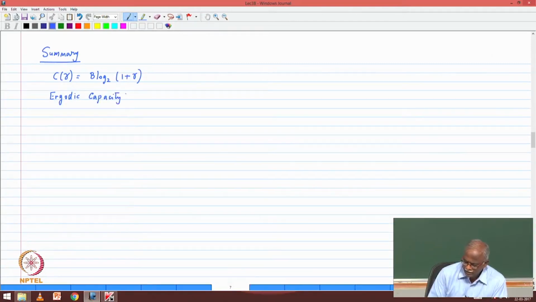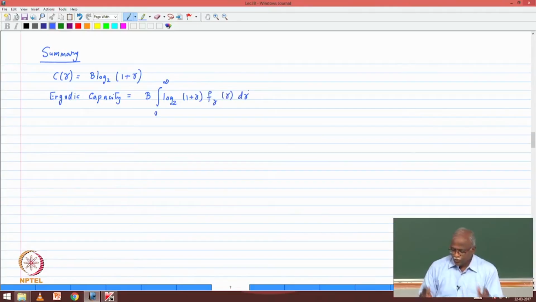Ergodic capacity is given by B times the integral from 0 to infinity of log base 2 of (1 plus gamma) times f of gamma, d gamma. Now this is what we want to achieve.